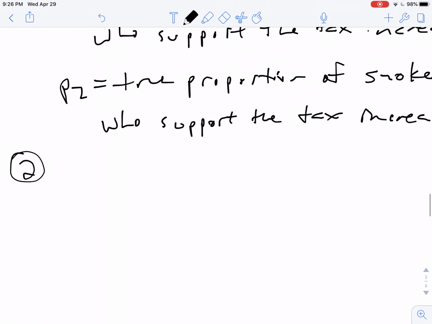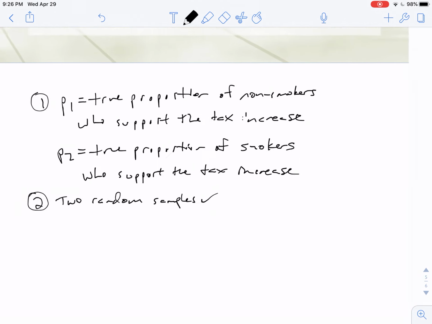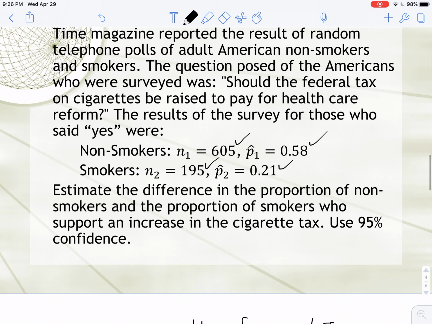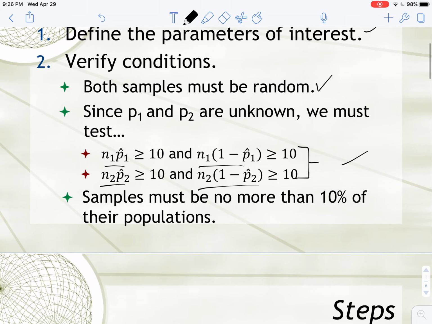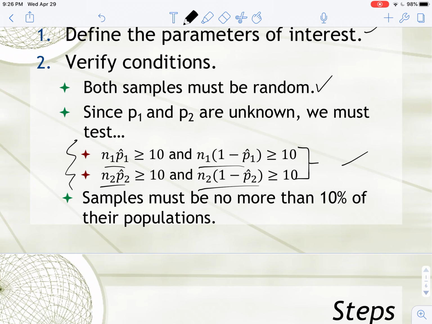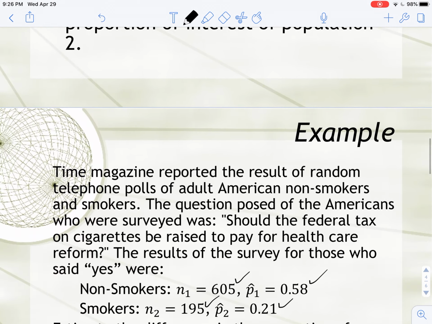So we'll say 2 random samples. Check. Now we need to check for a normal sampling distribution. So this is where we need to go through these 4 calculations here. So we'll start doing that.